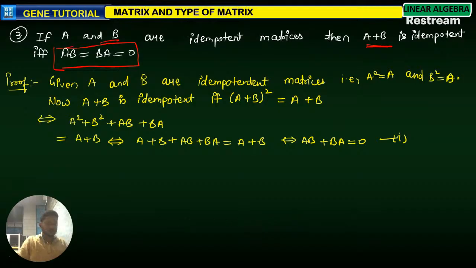Point number three basically tells about taking two idempotent matrices, where A square is equal to A. It is also an example of an idempotent matrix.